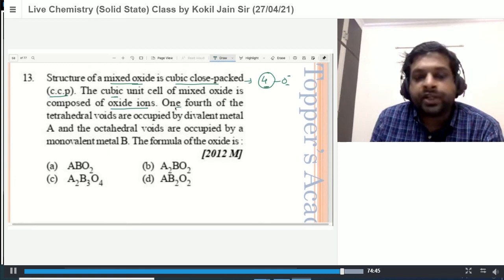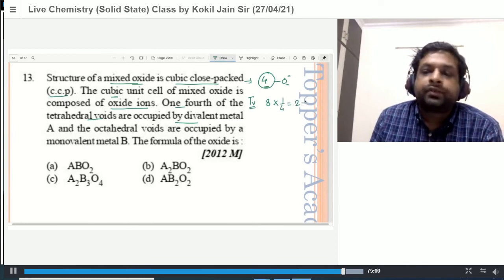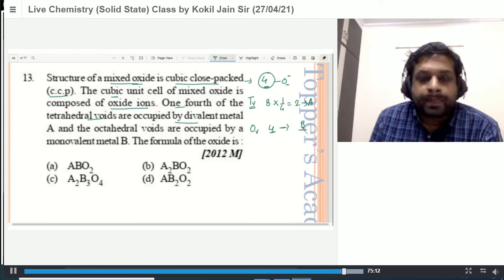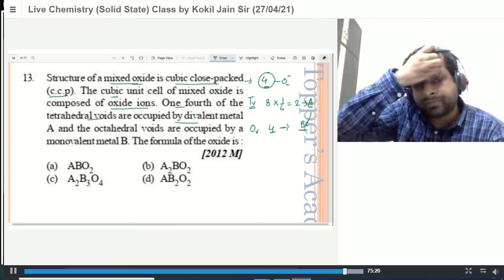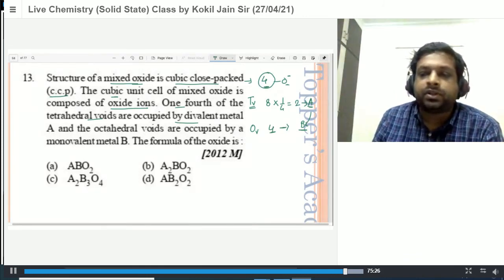1/4 of the tetrahedral voids are occupied by the divalent metal A. What we saw in this case, there were 8 tetrahedral voids, 1/4 of 8. That means 2 tetrahedral for A, and the octahedral voids, which are 4, are occupied by the monovalent metal, which is B. So you can see that B is going to be double in number of A. So this is O2 minus.